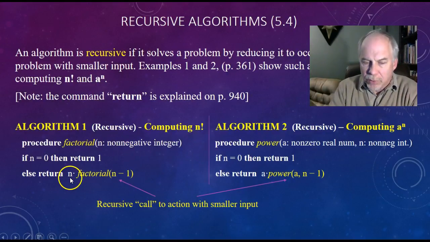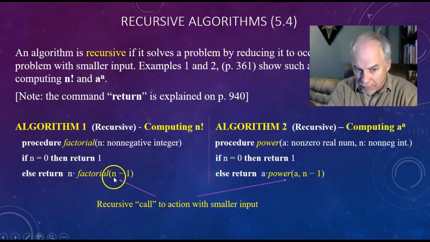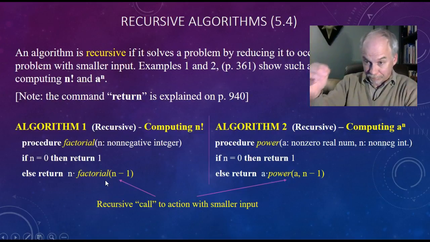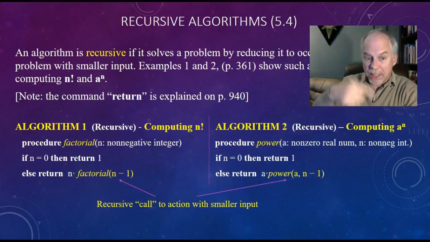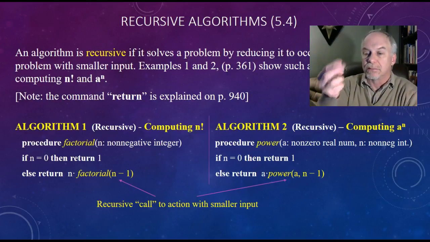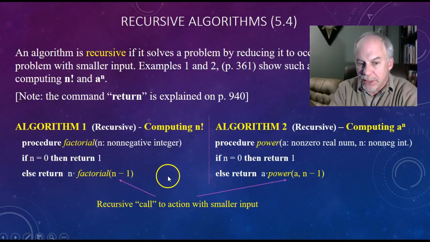It's going to multiply n times the result that this procedure, factorial n minus 1, will return. And so it'll just keep multiplying n, and then it does the procedure using n minus 1, so it'll multiply by n minus 1, and then it does the procedure using n minus 2, and it just keeps multiplying by n minus 2, n minus 3, all the way down until, when n is 0, it'll return a 1. Okay, and we'll look at that when we trace this.